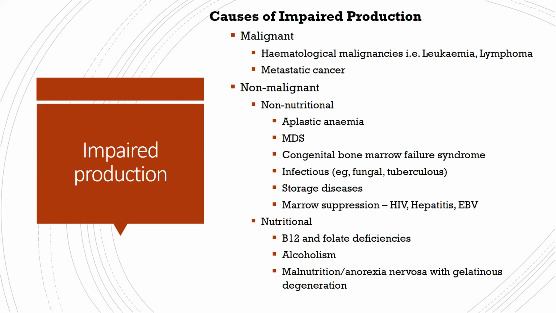So just a side note, right? Because B12 deficiency not only can cause a megaloblastic anemia, it can cause a pancytopenia as well, because the body has less B12 to work on for the maturation and production of the three cell lines.